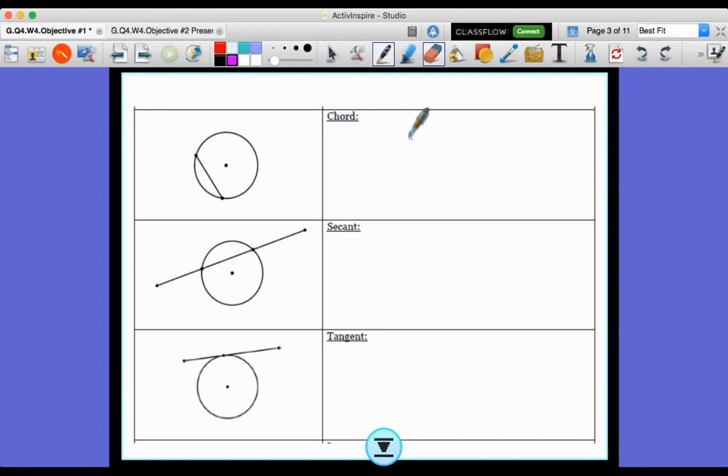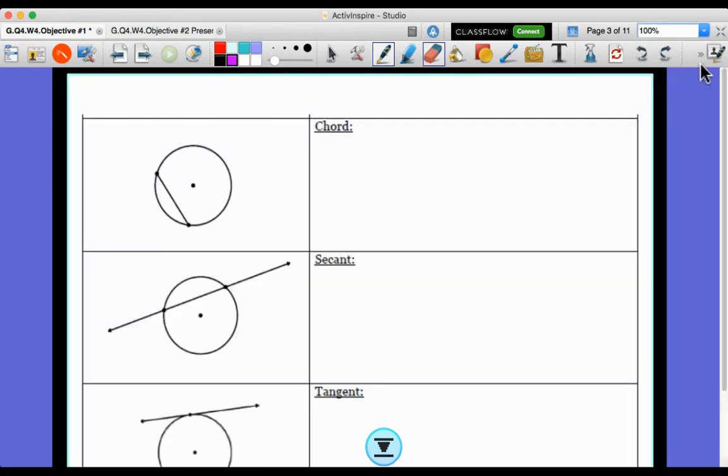You have this in your notes, so I would encourage you to follow along. I'm going to zoom in. What we're looking at here is a chord. It has 2 endpoints. I'm going to call them A, B so that we can talk about this more.